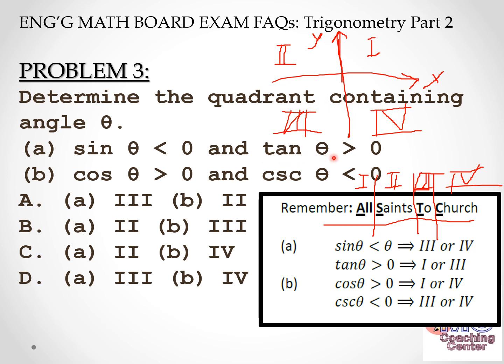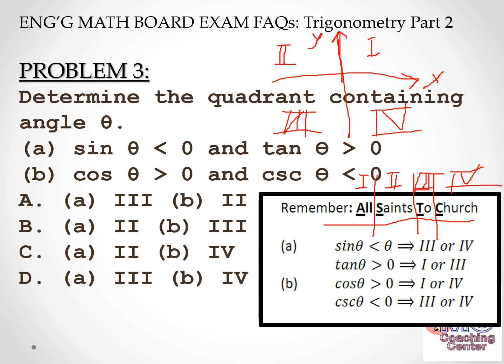And tangent theta is greater than 0. So, sa A, negative si sin, positive si tangent. Para maging positive si tangent, saan bang quadrant positive si tangent? Sa first or the third quadrant positive si tangent.